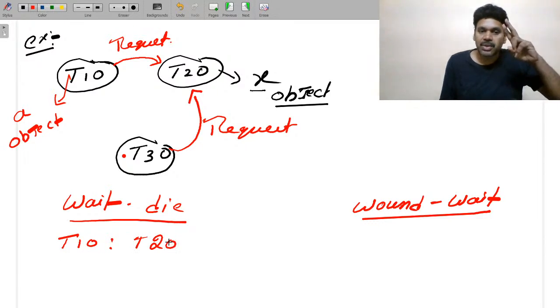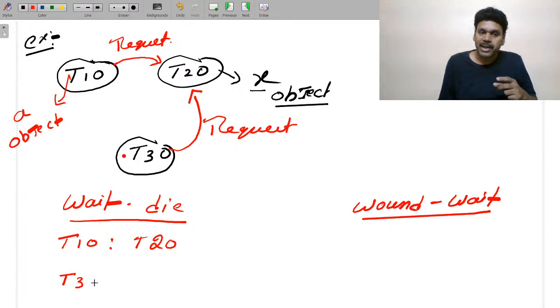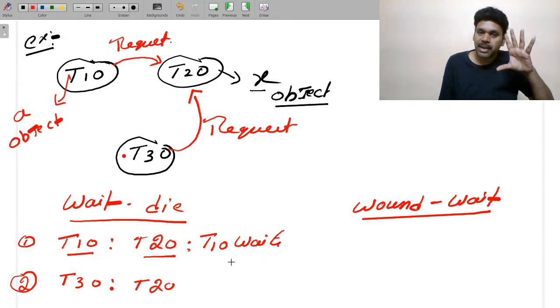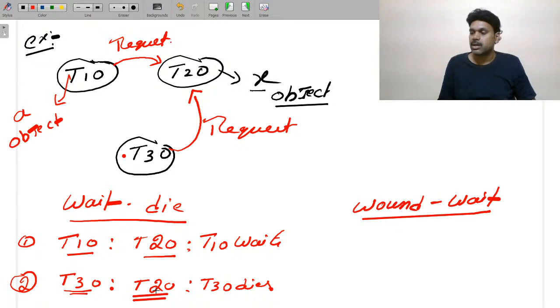Two transactions only you compare. You are requesting T20, he is also requesting. So compare like that. T30 is requesting T20. T10 is also requesting T20. Two cases there. Now in that case, what will happen? T10 waits. In that case, what will happen? T30 dies, as you are newer and this is older.